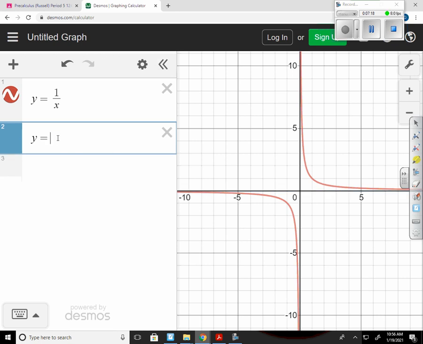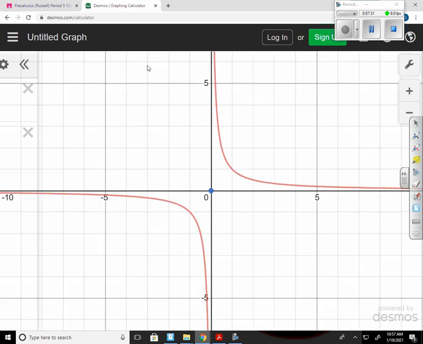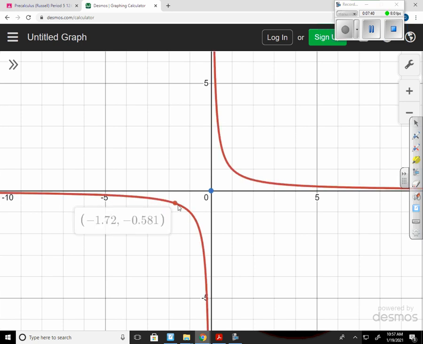It didn't really do much. I could do also just the point 0, 0, because when x is 0, y is 0. So by doing this, I can see this graph pretty clearly now. So as I approach 0 from the left, and I'm getting closer and closer to 0, you notice that my numbers are going further and further negative for the y.